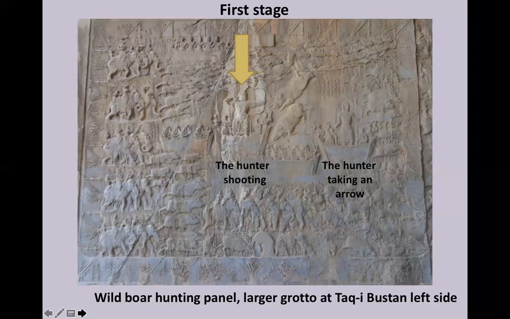And this is not typical of Sasanian art. It's true that in Sasanian art, we have the king killing an animal, for example, a wild boar, and the wild boar is already dead under his feet. But it's not that normal to have the king repeated several times, like in a modern comic book, if you want, or in very ancient Greek paintings, which sometimes reproduced the adventure of a hero in different phases.